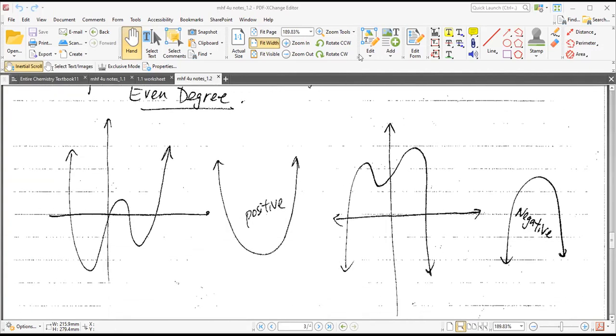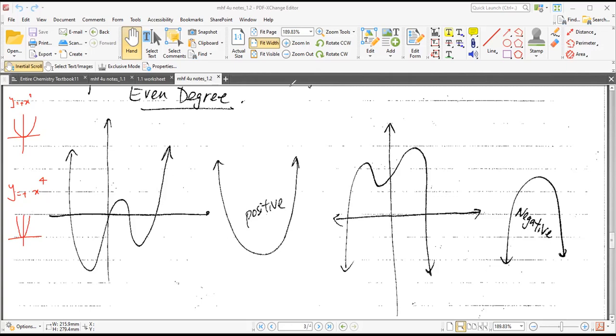This one, you also know when y is equal to x power 2, the leading coefficient is positive and the power is even. You know that shape. Also for y is equal to positive x power 4, the shape is this again, but narrower, it's growing faster.